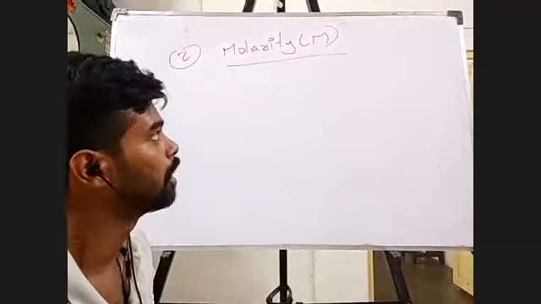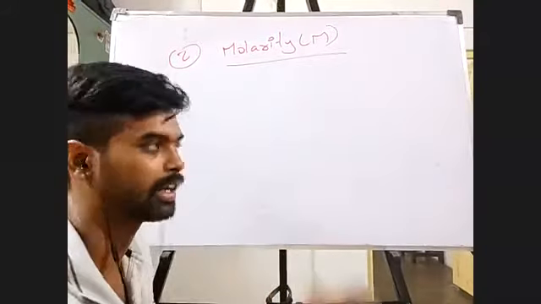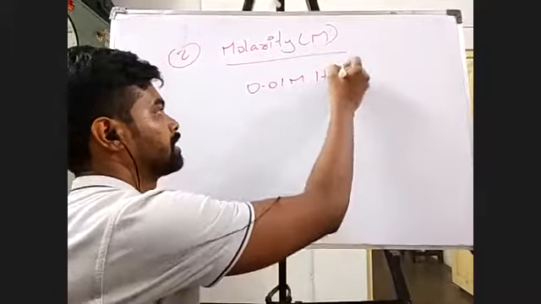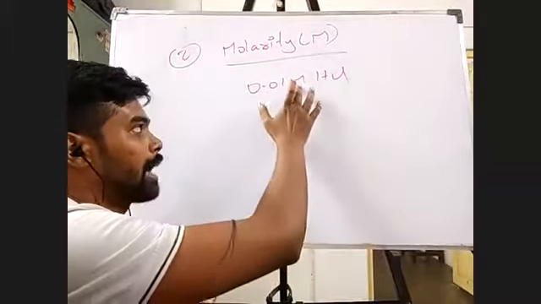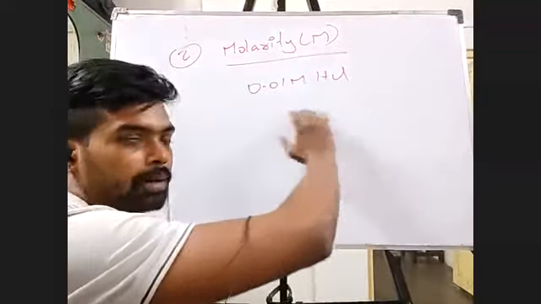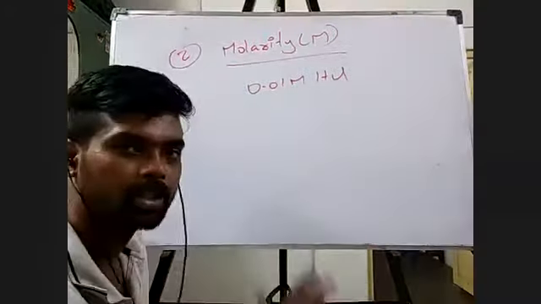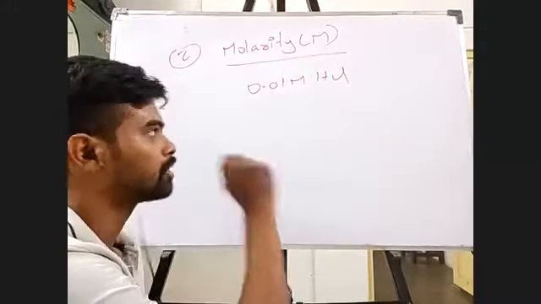Done? Okay. Now, I asked you a question when I started this class, isn't it? I told you, if I have 0.01 M HCl solution or 1 M NaCl solution, this is how it is represented. This M represents the molarity. That means in this HCl solution the molarity is 0.01. Now we got the definition, so we are able to tell what exactly this is.